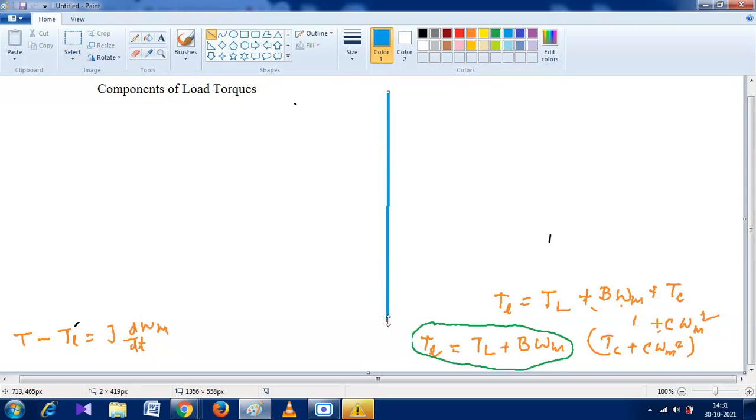Sir, T minus TL plus B omega m equals J d omega m by dt.